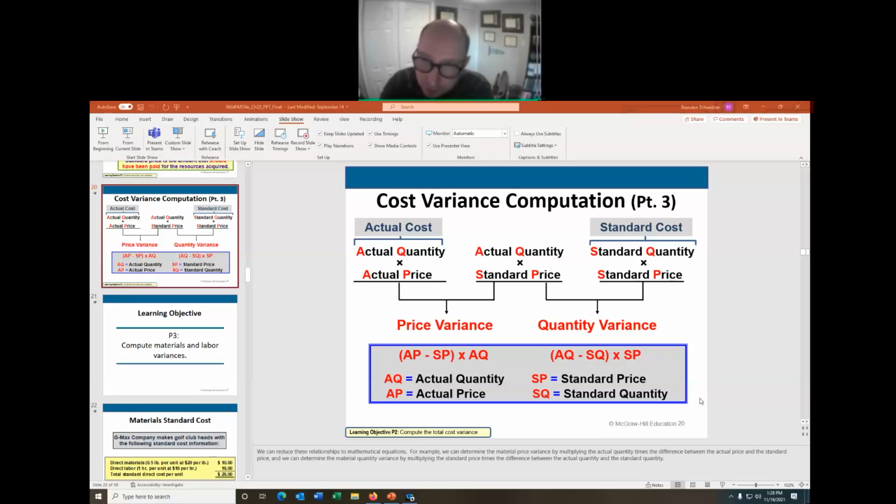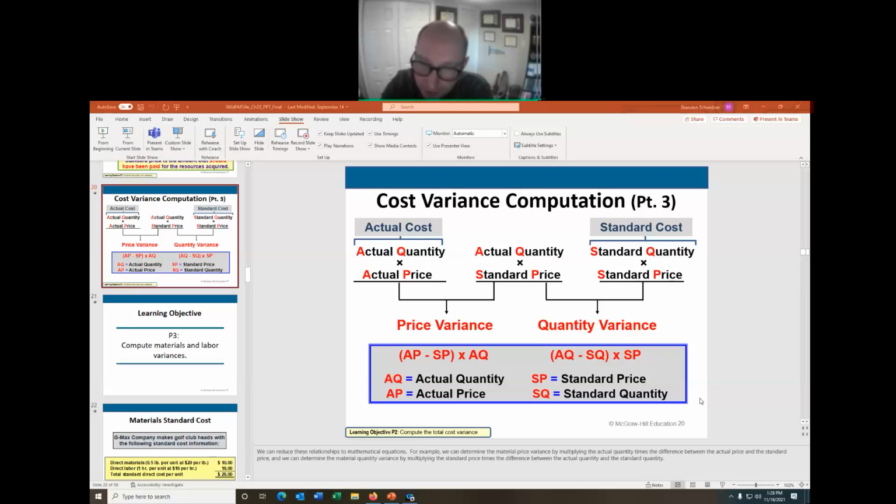Once you've found your actual cost and your standard cost, then we can find the variance by taking the actual quantity used times the standard price that you should have paid. And then once you've done that, you would take your actual cost minus variance, and variance minus standard.